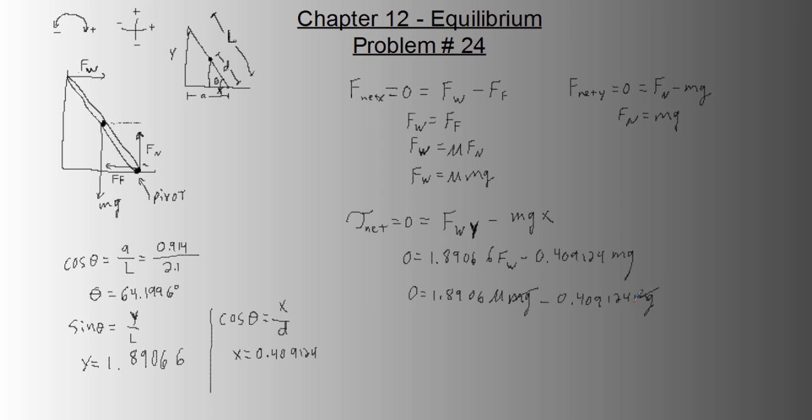The mg's cancel. That's cool. So now we can solve for mu, and we get the answer. Let me just verify that this is the same as the one I got before, and so mu is 0.216392, and mu is unitless. Voila!